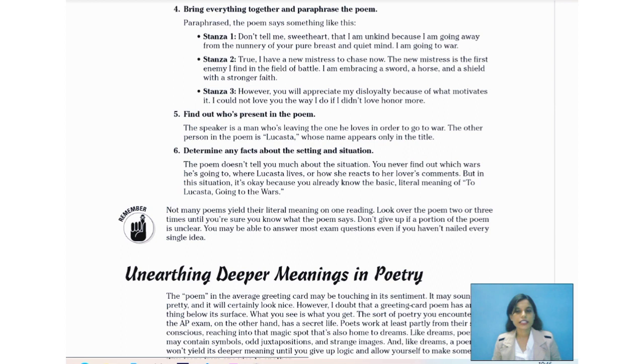So what did we conclude from all the ways of understanding the inner meaning of the poetry? First of all, we need to search for tough words of the vocabulary which we do not know. We would be underlining those words, separating those words. Then we go over to the punctuation marks.